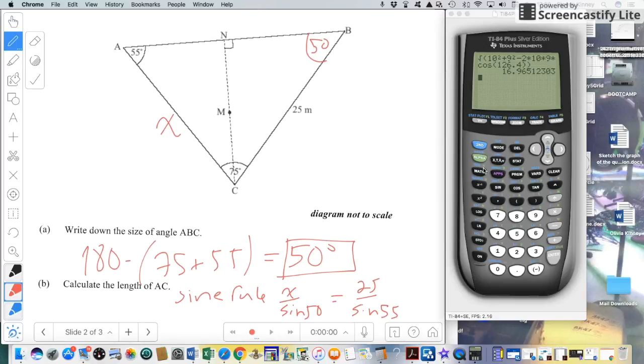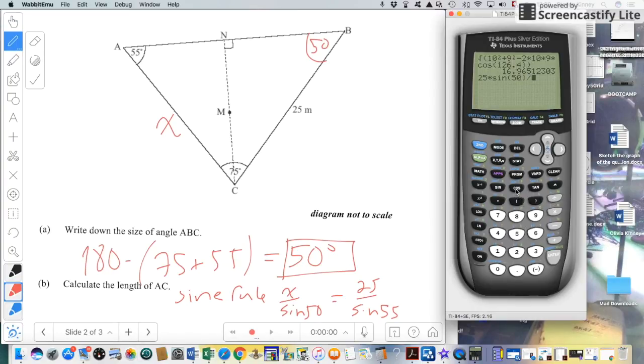Look at the calculator there. You're just going to solve for x, move the sine 50 up. X is going to be equal to 25 times sine 50 divided by sine 55.